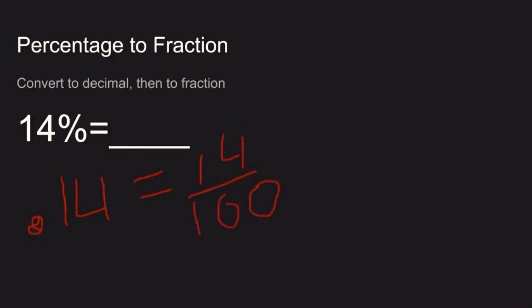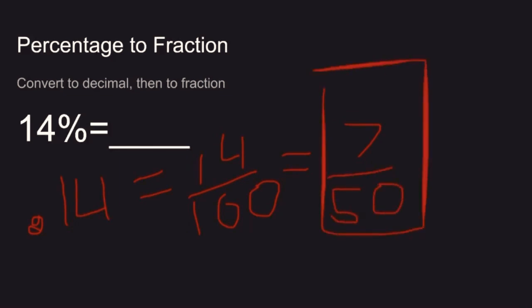And then our last step in converting from a decimal to a fraction is simplifying. So we're going to divide these both by 2, so we can get 7 on top and 50 on the bottom. So that would be your answer. 14% is equal to 7 over 50.